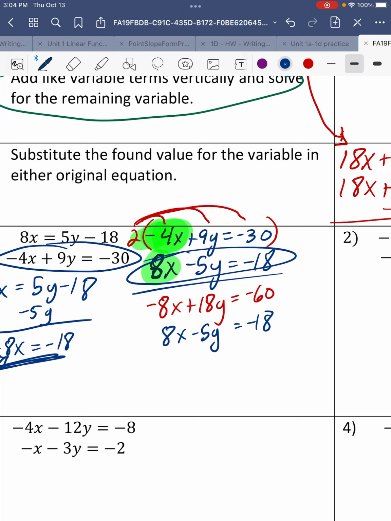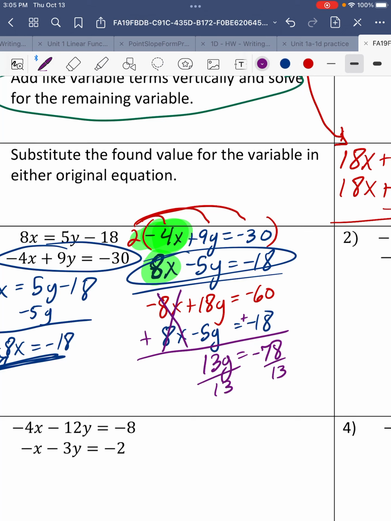Now we're going to add these vertically because we have opposite terms, a negative 8x and a positive 8x. Negative 8x plus 8x go away. 18y plus negative 5y is 13y. Negative 60 plus negative 18 is negative 78.